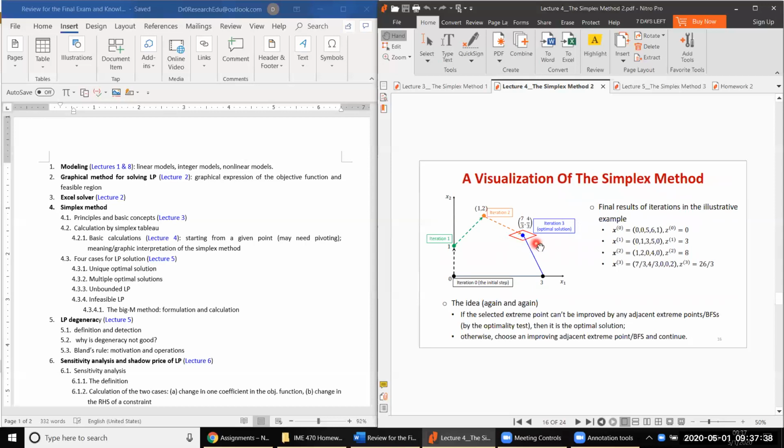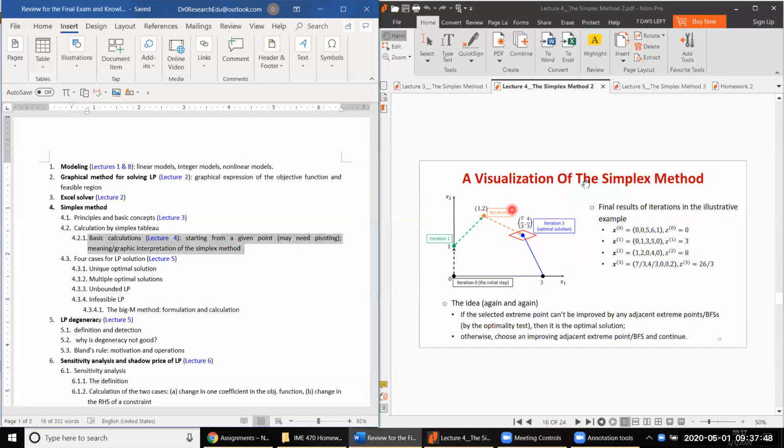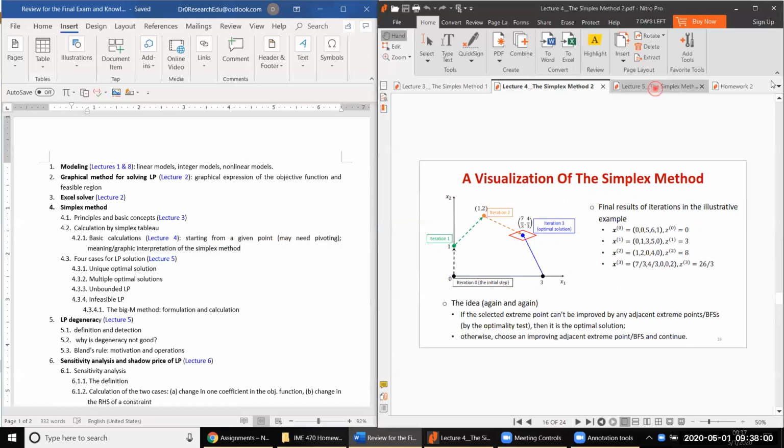For Bland's rule, that's another story: I always choose the negative column with the minimum index. So that is how to operate the simplex method for a given point. This given point can be any point, not necessarily 0, so you may need to pivot it. Very important.